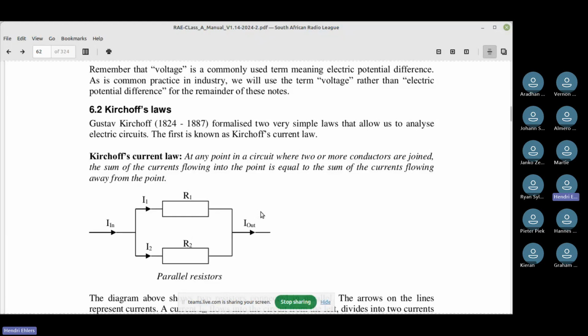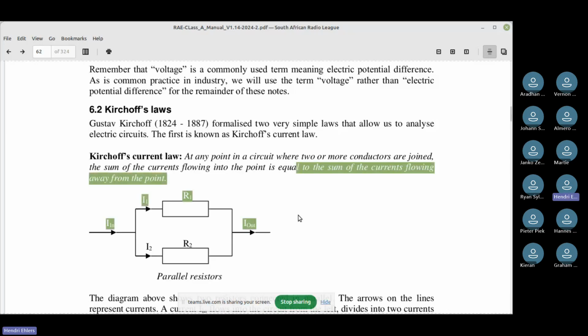So what they are saying is the current on this side is exactly the same as the current on this side. And the sum of these two currents is equal to this one and equal to this one. So they might differ here and there, but if you add them together, this is a very nice way that you can analyze circuits and check that it's correct.